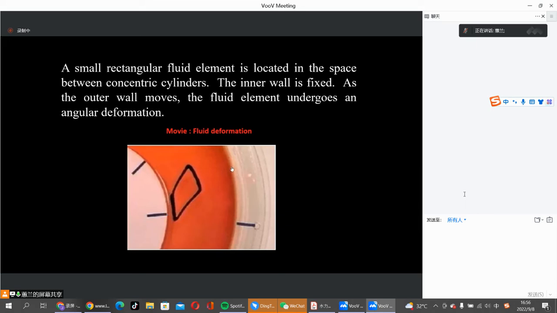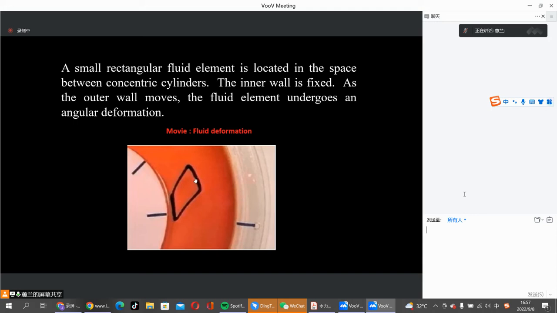And the outer wall is moving with angular speed omega, so the velocity equals omega times the radius. Again, according to the no-slip boundary condition, the fluid in contact with the outer wall has the velocity of the outer wall, right?